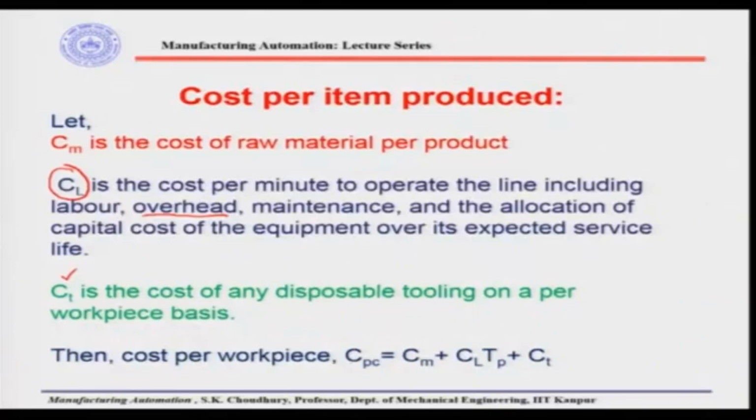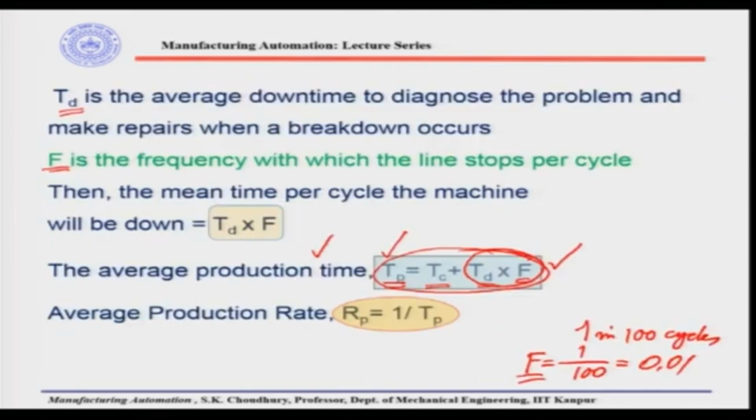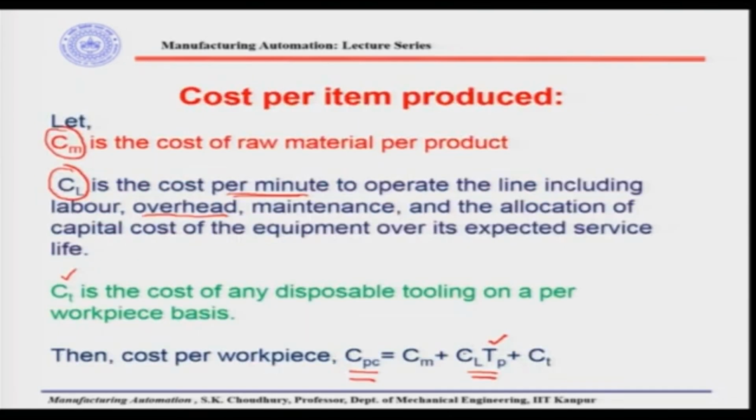Therefore, the cost per workpiece will be equal to CM plus CL into TP, because CL is the cost per minute. So, that has to be multiplied by the TP, which we have found out. This is the TP, which is TC plus TD into F, and that will give you the CL into TP, plus the cost of any disposable tooling, which is the CT.